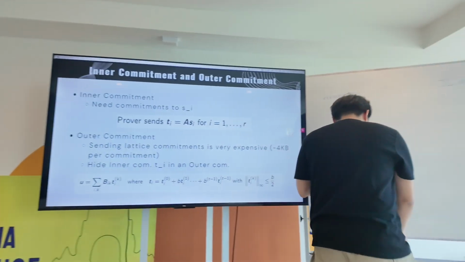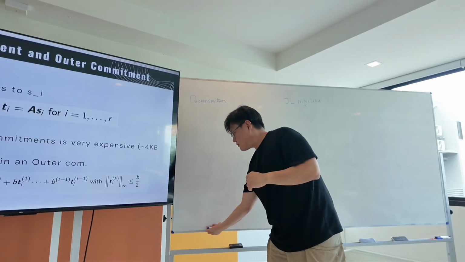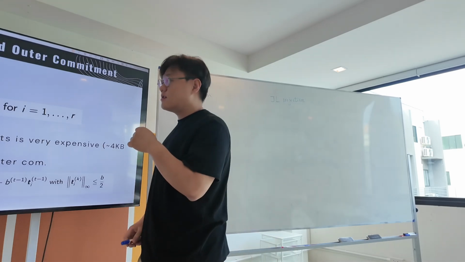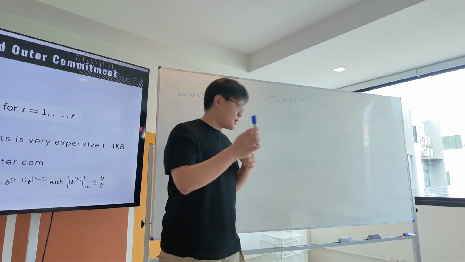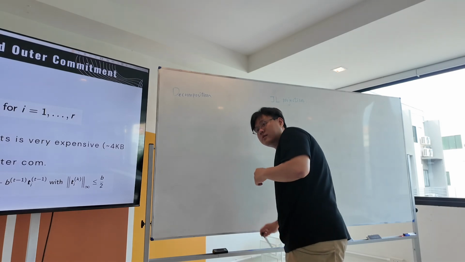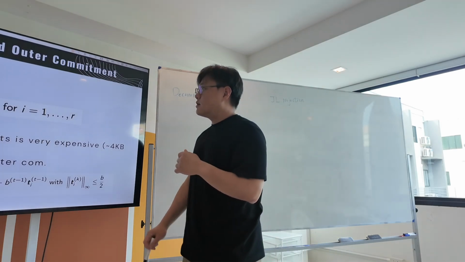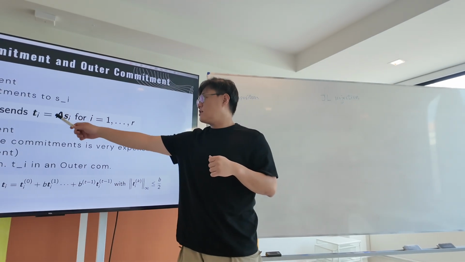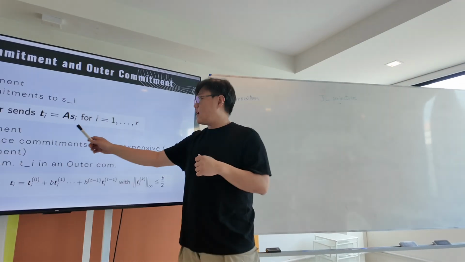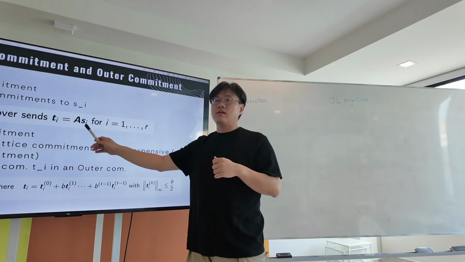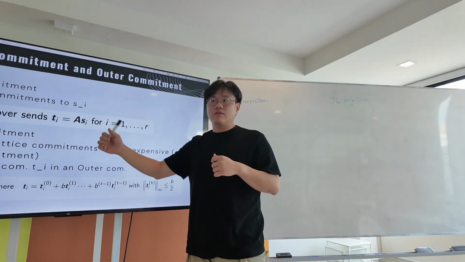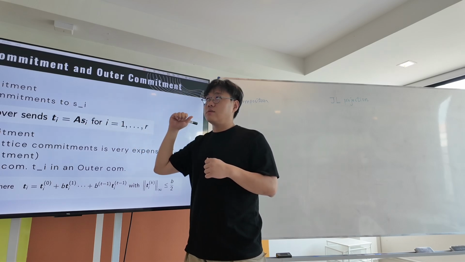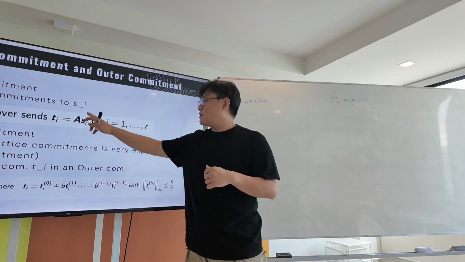So I'll use the whiteboard here. All right, so the prover will send the Ti, which is A, a random matrix, and the input, which is the witness the prover wants to send to the verifier.